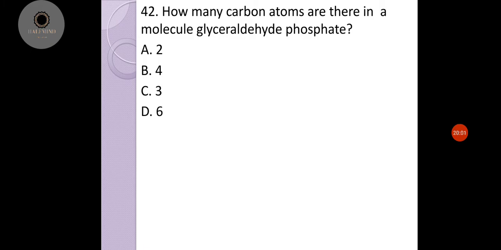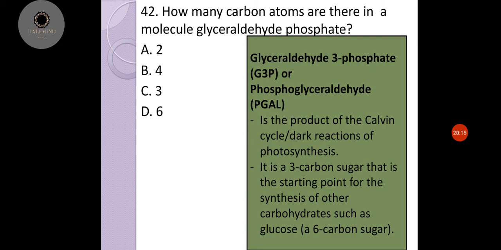42. How many carbon atoms are there in a molecule of glyceraldehyde phosphate? A2, B4, C3, D6. Now, what is glyceraldehyde phosphate? Glyceraldehyde phosphate, or glyceraldehyde 3-phosphate, is also known as phosphoglyceraldehyde. It is the product of the Calvin cycle, or the dark reactions of photosynthesis.